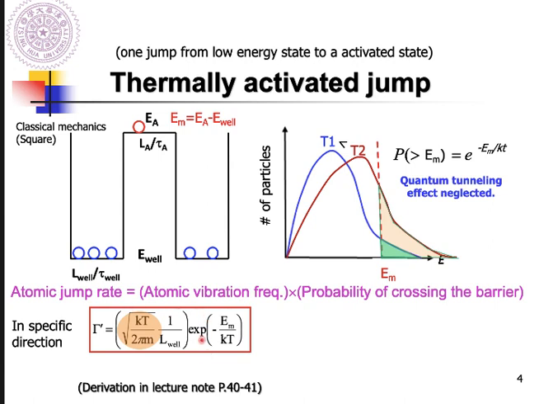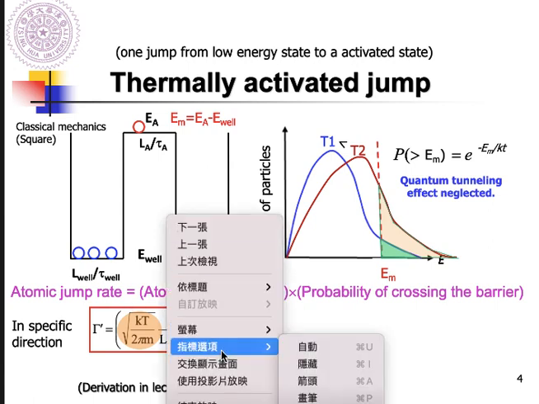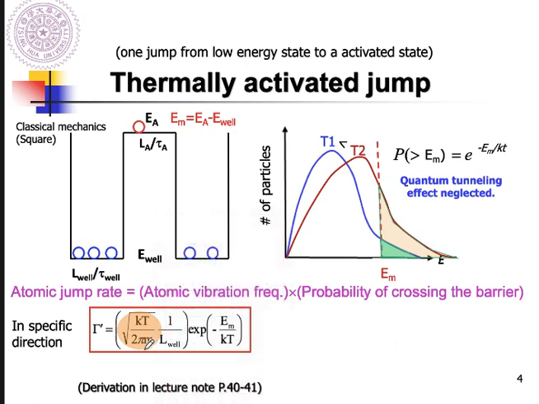For the vibration frequency part, you can write it using the velocity divided by the distance. Here the vibration velocity is here, and the length is the vibration length as well.